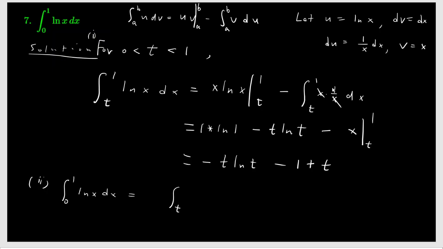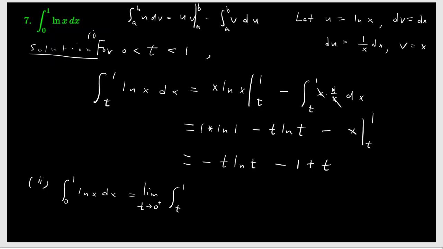You replace 0 with t, from t to 1, right? And then we take the limit. So because t is to the right of 0, very close to 0, we take the limit as t approaches 0 from the right. So let me know if you see anything wrong.